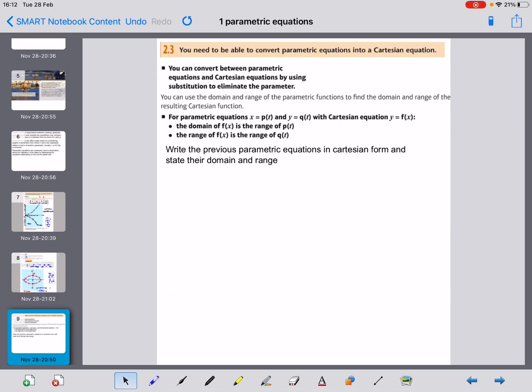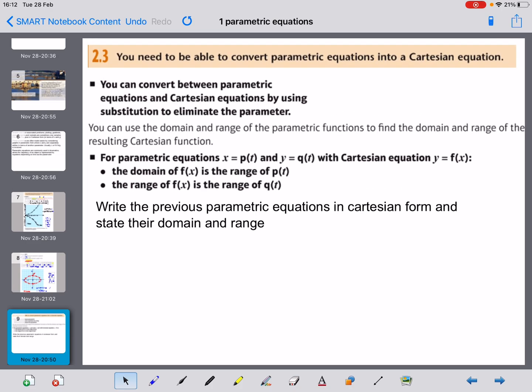So this is the bit that I've just been getting at. For parametric equations x equals p(t) and y equals q(t), with Cartesian equation y equals f(x), the domain of the graph that it produces is the range of the x parametric, and the range of the graph that it produces is the range of the y parametric.